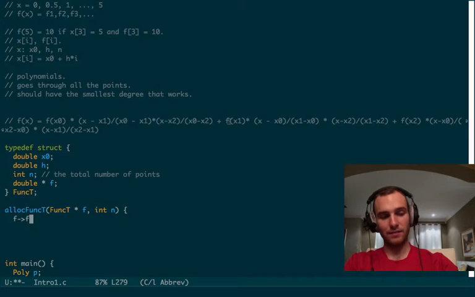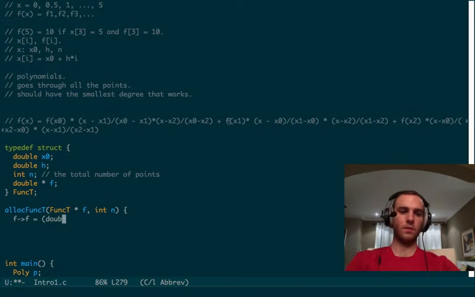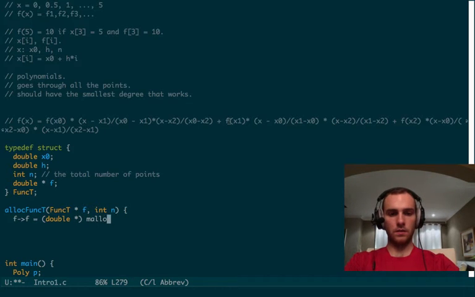F pointing to F. You see, bad choice there. Is equal to double pointer malloc n times size of double.